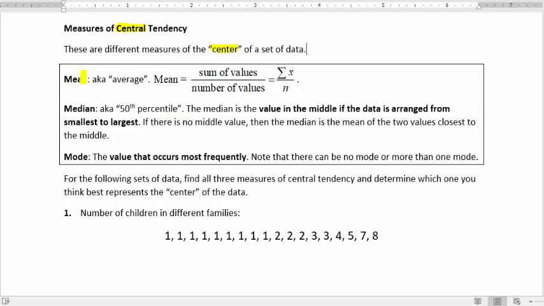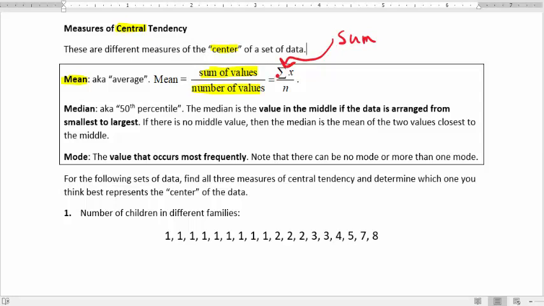So we have the mean, which is the one that you usually refer to as average. And how do you find a mean or an average? You basically add up the values and then you divide by how many you have. That little symbol there means sum. It's the Greek letter sigma.